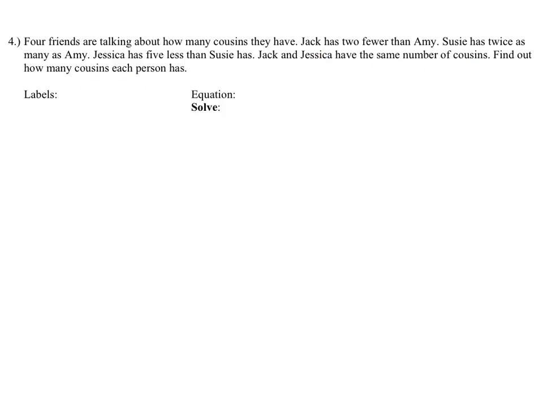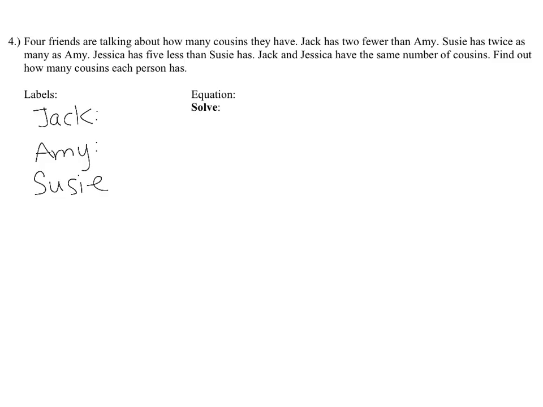So because the first 2 sentences have somebody being compared to Amy, I would say Amy is probably going to be X. So let's start by just writing down the names of these cousins. We've got Jack. We've got Amy. We've got Susie.